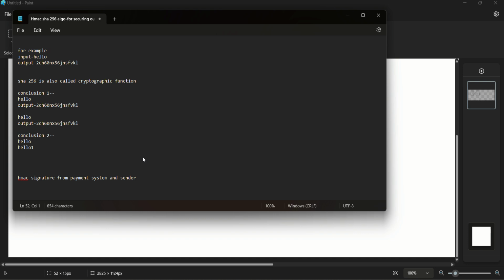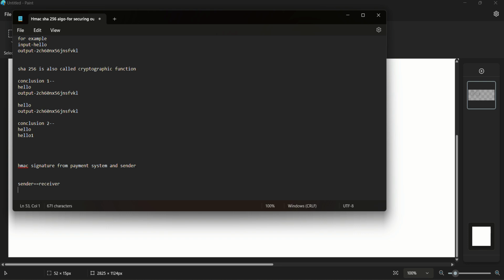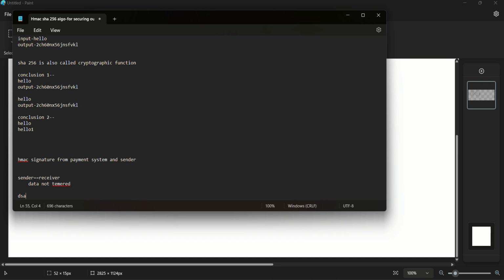At last it matches whether the HMAC signatures of sender and receiver are the same or not. If same, then the data is not tampered. Otherwise the data is tampered, hackers may have attacked the data, so I cannot use this data. I can resend it, or simply the status is failed.